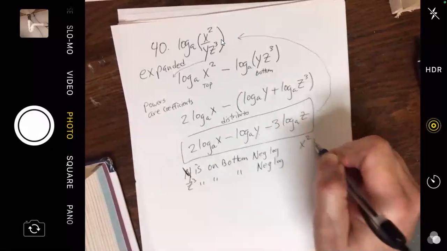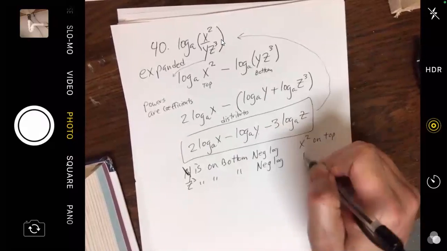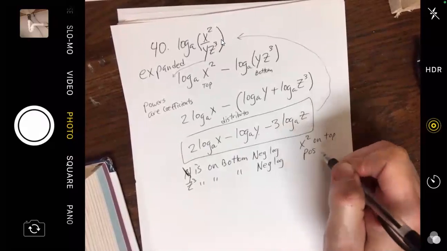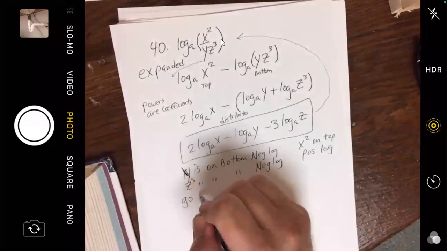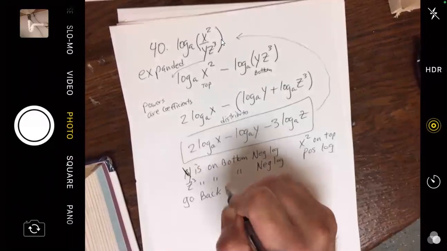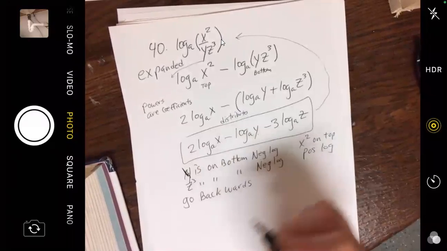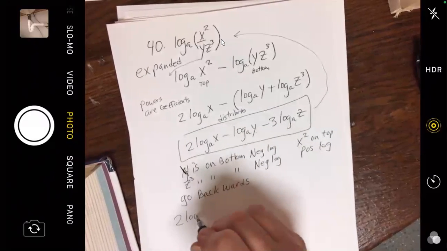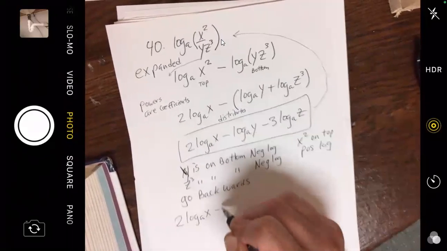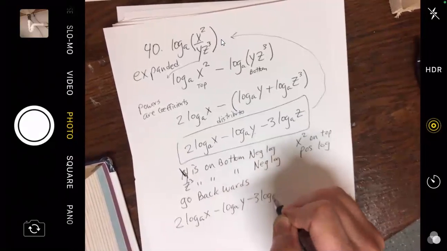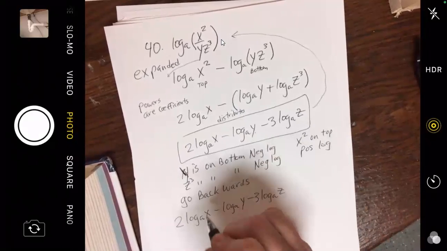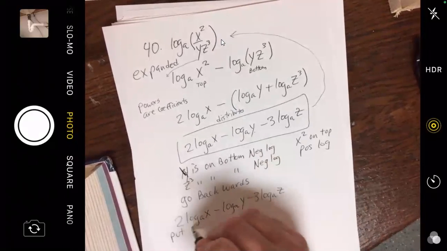The x squared on top, positive log. So if I want to go backwards, starting with 2 log base A of x minus log base A of y minus 3 log base A of z, put the coefficients back up.